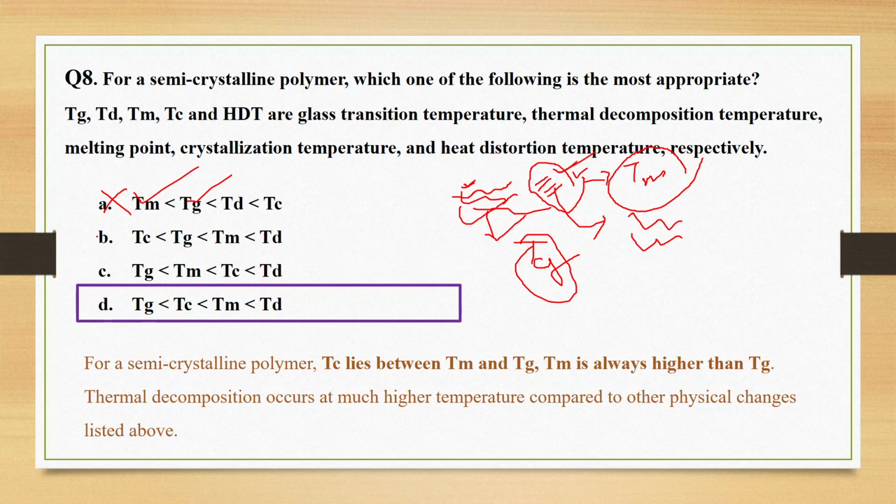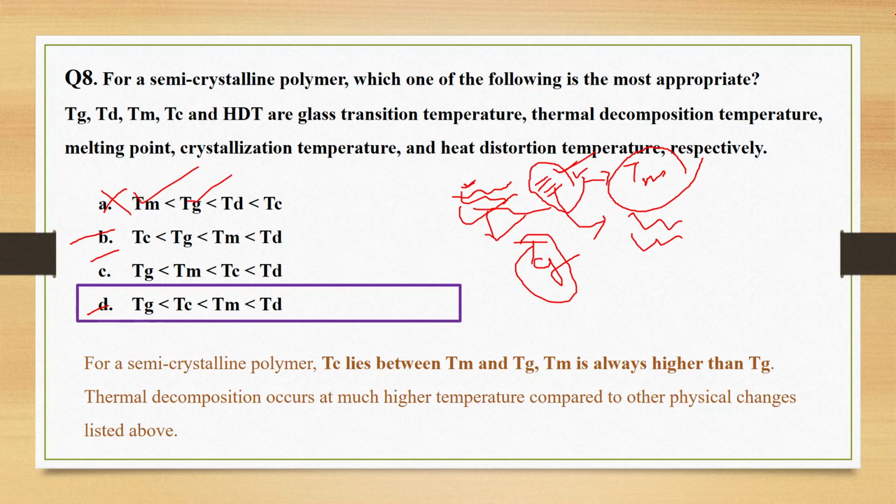So what are the other options left? That was B, C and D. Here it is correctly mentioned that Tg is less than Tm. Okay, in all these three options it is correctly mentioned. And for the last temperature, that is your thermal decomposition temperature, you know that decomposition temperature means it is just an irreversible change.